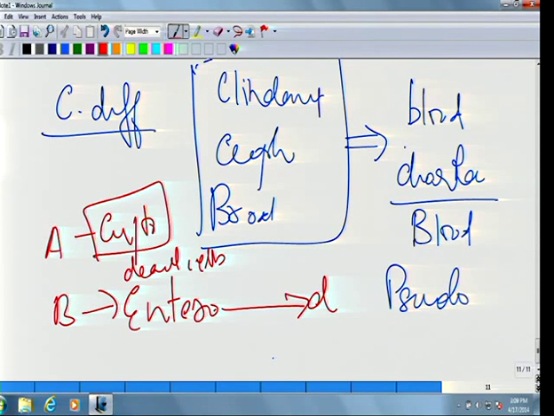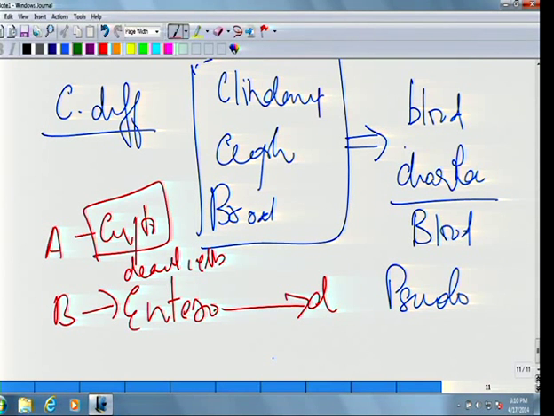diff, how do you treat C. diff? Okay, sorry. A is the enterotoxin and B is the cytotoxin. The options would be either enterotoxin A, exotoxin A or exotoxin B, and you definitely need to know the cytoskeleton, which one is enterotoxin.